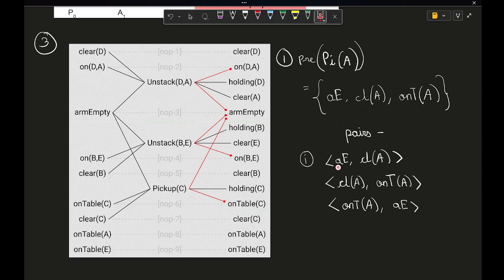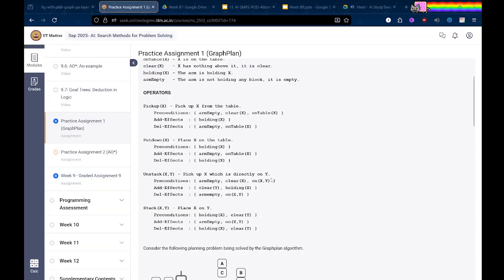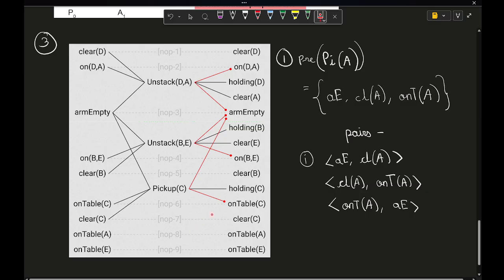Okay, let's just check proposition pairs. Let's check what the answer is firstly for this. It is pick up C, put down C, and stack BE. Okay, so let's check these two first. Are these two mutex?